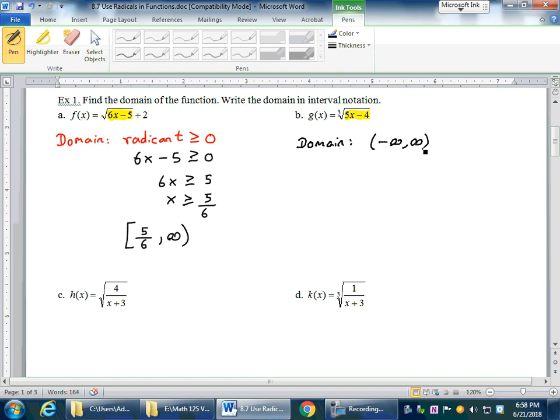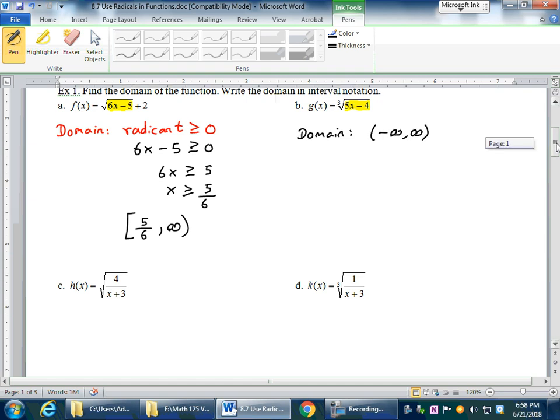So quickly look at example D. Again, the index is a cube root, so I know that the value of the radicand can be both a negative or positive number. So for this particular one, because the radicand is a fraction, it could be any number except what? Negative 3.